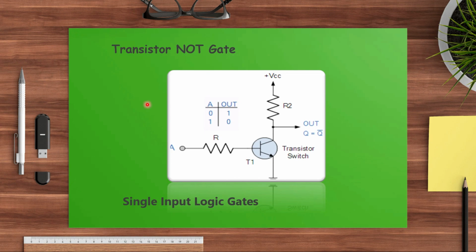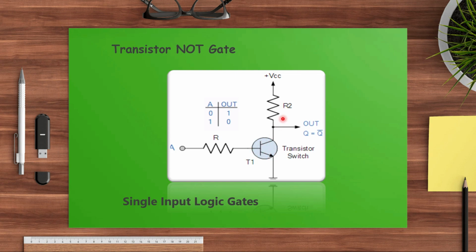This single transistor is shown here as NOT gate. Here we are using NPN transistor. It is a switch. So if input is 0, this transistor will be off.